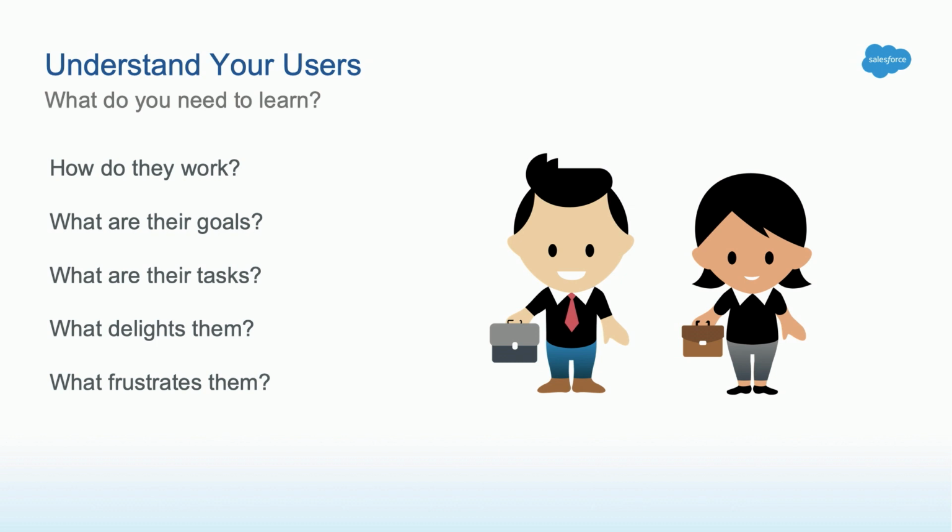What activities do they do on their desktops? What activities do they do on their mobile devices? What are their goals when they're going about their activities on mobile, and what tasks do they conduct on their phones? Then also make note of what delights them and frustrates them when they're using mobile.